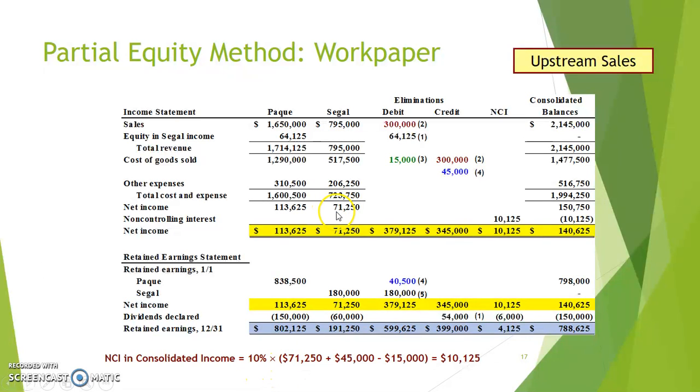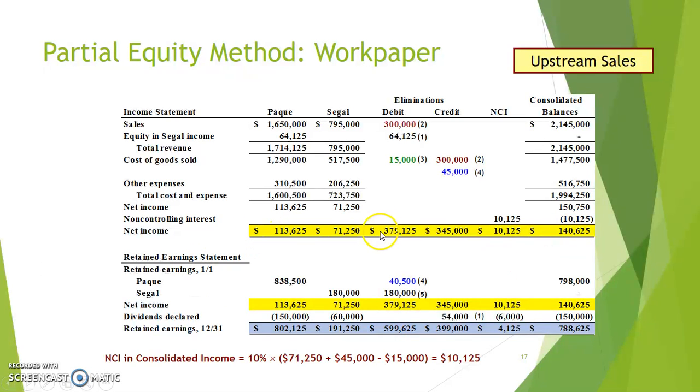So it is 10% of this, but we have to make the necessary adjustment for our inventory balances. The 45,000 from which is deferred from our 2016 inventory, and the 15,000 now that would be, sorry, this is the 15,000 that is deferred and the 45,000 that is recognized. And we go through the process of doing our totals in our income statement, making the necessary adjustments, and therefore we will be able to compute our consolidated balances.